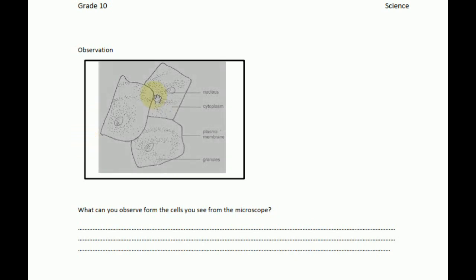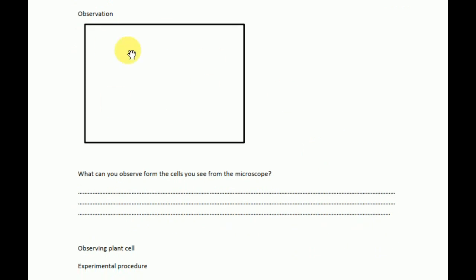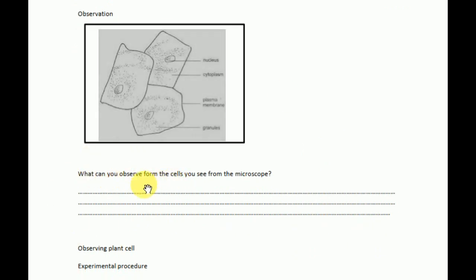It should be a line diagram. The boundaries of the cells are marked, and the few structures that you see inside the cell should be marked as you can see them through the microscope. From that you can take a conclusion about what we can observe. You can observe there are cells in an irregular shape, and these cells have a central structure.